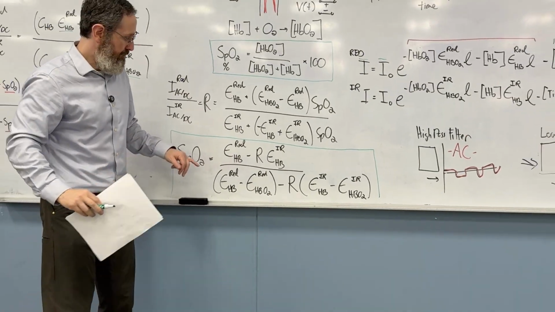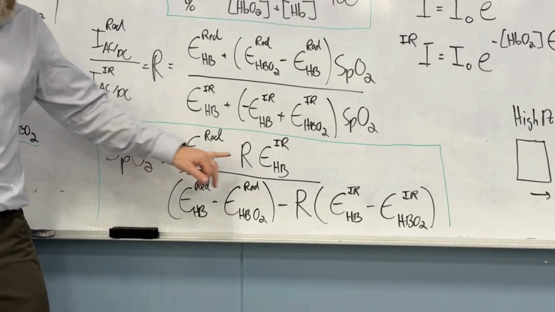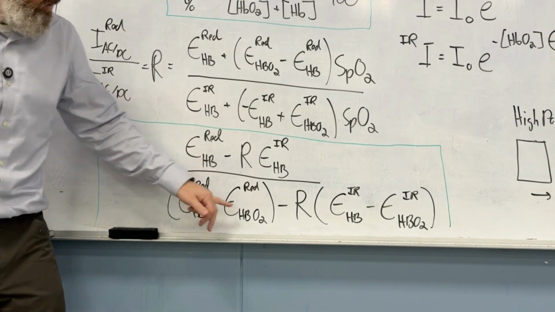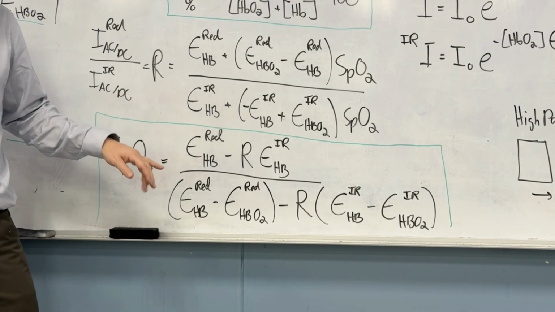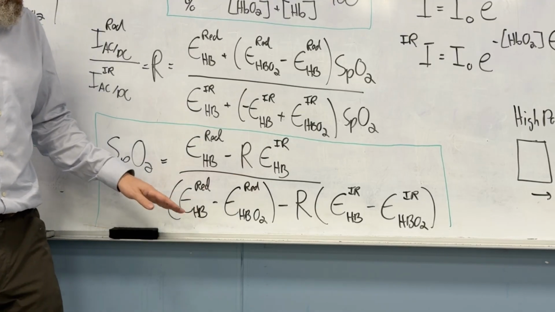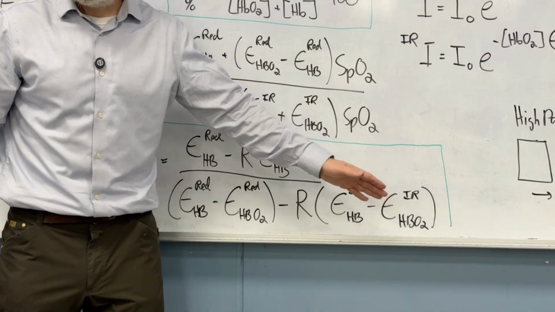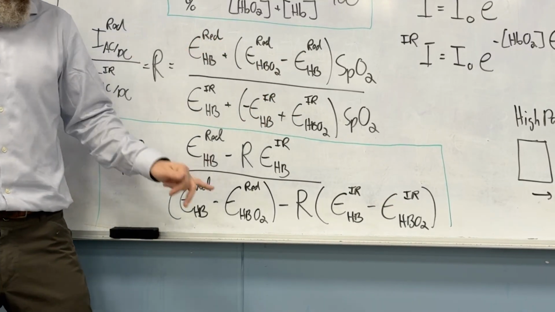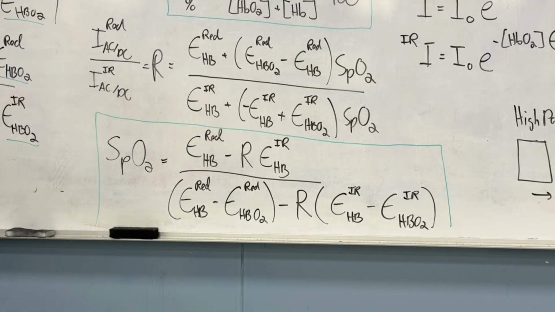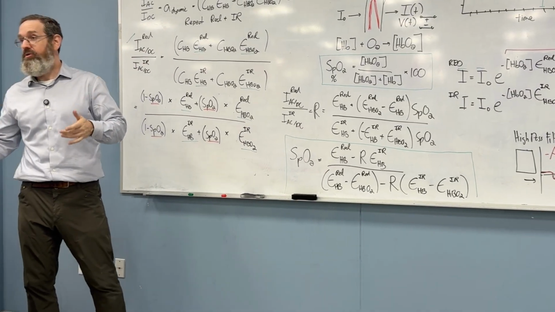It's not that complicated. This is a number like 3, right? These are just numbers. So every time you see an E, just plug in a number. So you'd end up with something like 3 minus R times 2 over 6 minus R times 6. It's just numbers. What is R? R is the ratio of ratios.